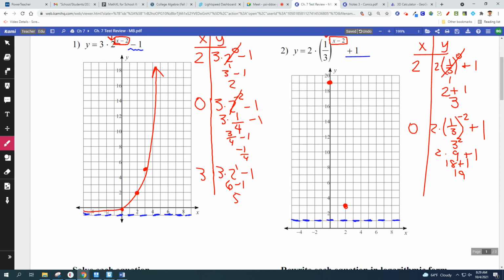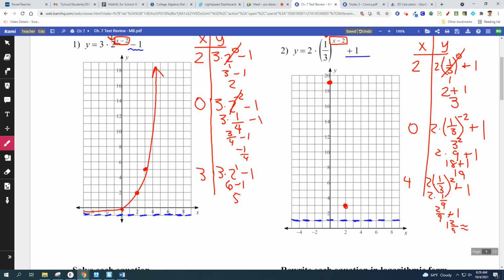If you wanted to try another point, maybe try something like 4. If I plug in 4, 2 times 1/3 to the 4 minus 2 is 2 plus 1. 1/3 squared is 1/9 times 2 is 2/9 plus 1. That's 1 and 2/9.